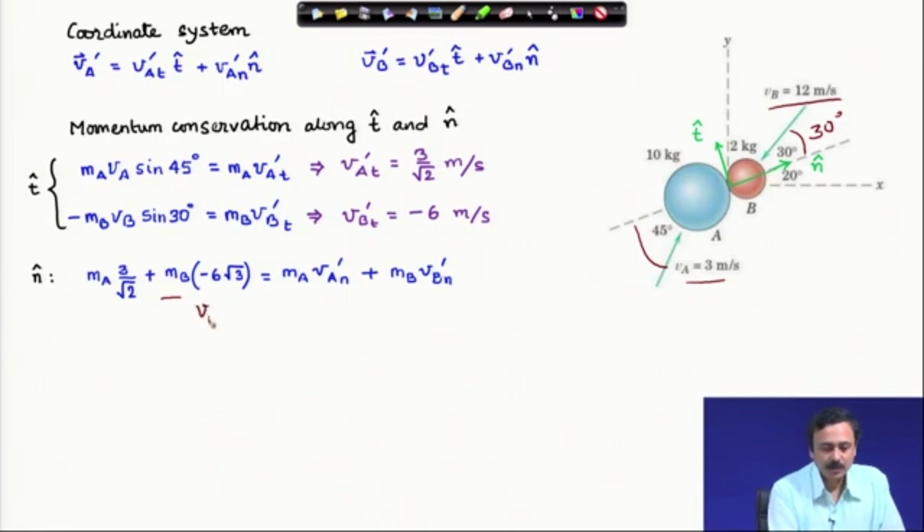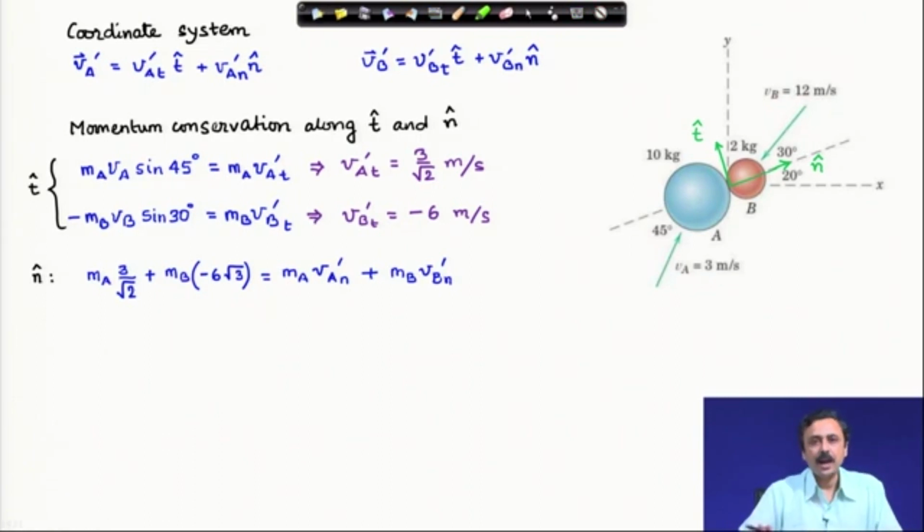So, this was V b cos 30 degree with a negative sign, and V b is 12, cos 30 degree is root 3 by 2. So, this gives me minus 6 root 3 meter per second as the incoming velocity in the normal direction.